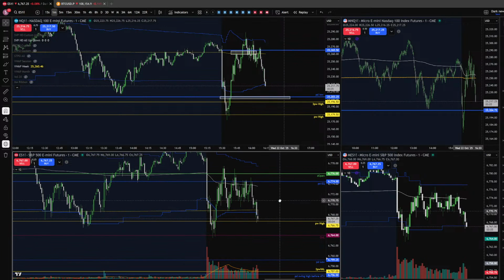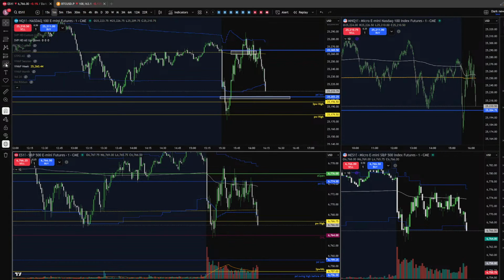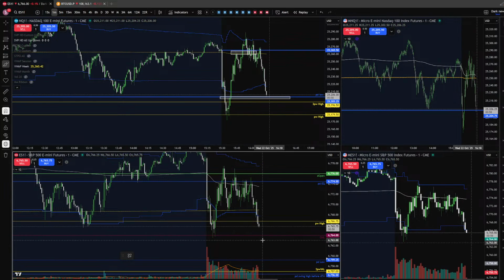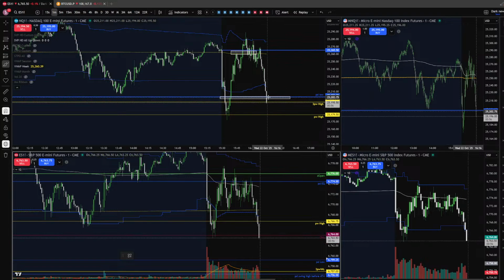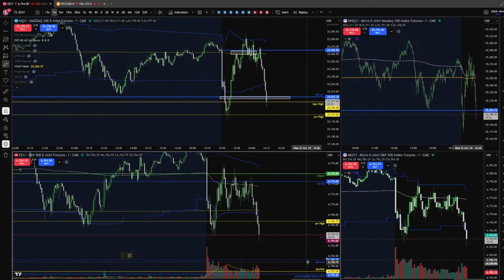So with that being said, let's see what these charts are bringing on, because what I can also see is that NQ already reached our level, while ES did not reach previous day low.